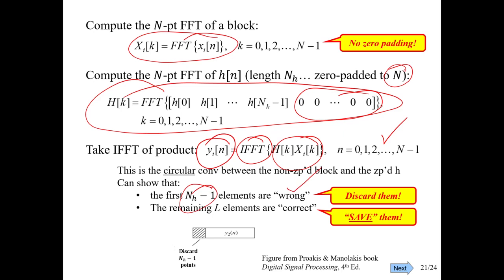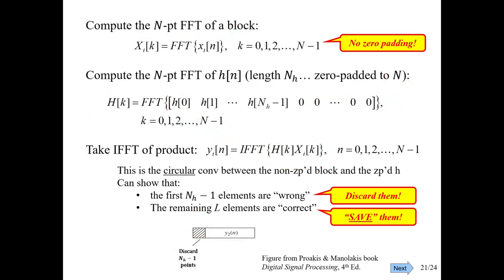Notice this is exactly the scenario we did in that little circular convolution demonstration. We had a signal with no zero padding, and we zero padded the filter out to the length of the signal. And what happened? We saw that the first several values were wrong, and then a bunch of values were right. So we throw those away and we keep these.